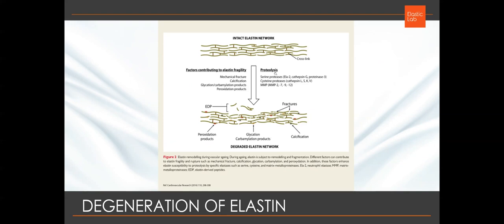Certain enzymes or proteases will cause this to degenerate, and this is why we end up with a degraded elastin network. You can see the structure is pretty much demolished compared to the original framework up here.